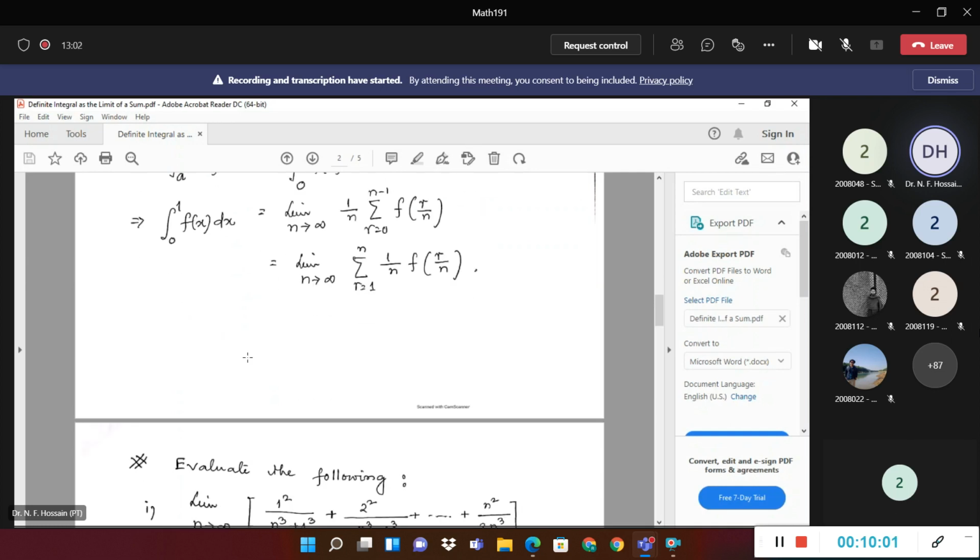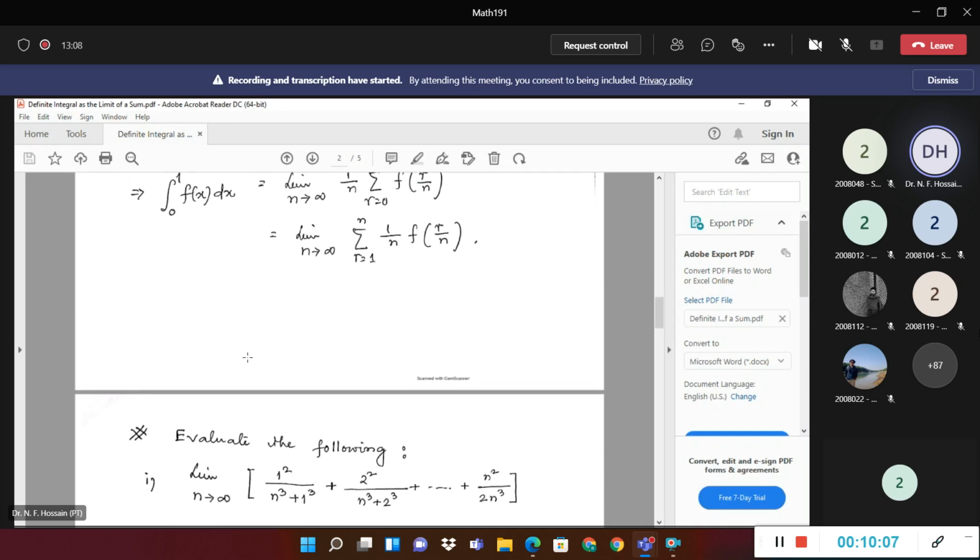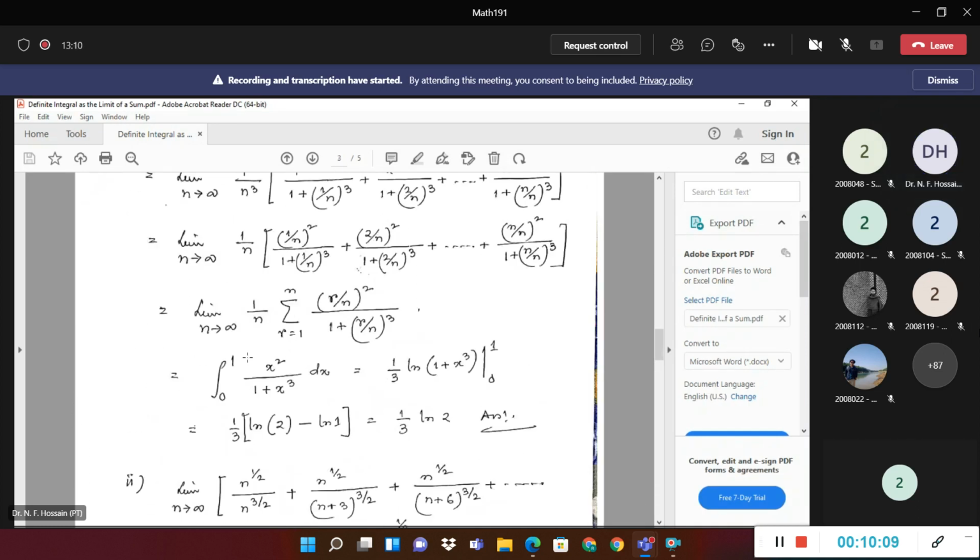So here we are getting the same thing, limit n tends to infinity, sum over r equal to 1 to n, 1 over n, and a function of r by n. And this whole thing is a function of r by n. So we can write it like this, integral 0 to 1, with r by n as x, so x squared divided by 1 plus x cube.